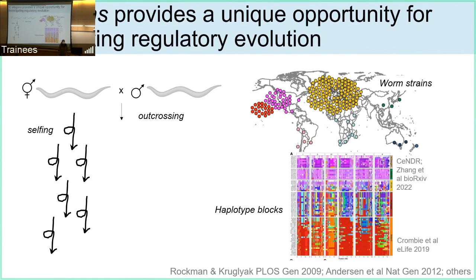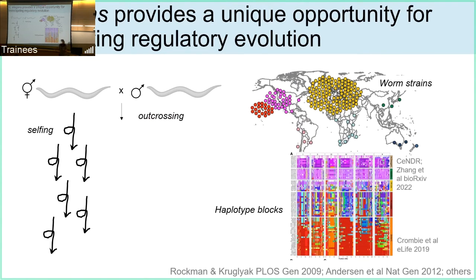This means that we get these large sets of genes and variants that are co-inherited together as blocks, which is completely different than we see in most sexually reproducing systems, right? And so this is exciting because these sets of genes and blocks might interact, and we might expect to see compensation between them happening in this system.